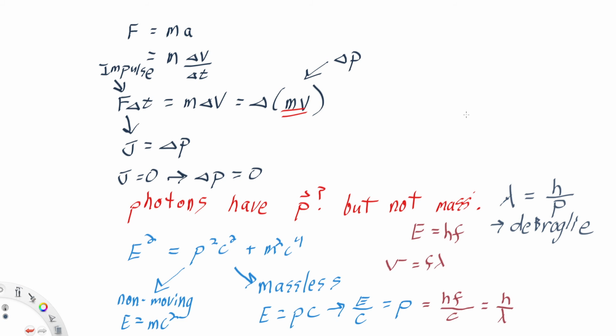Just like we started off looking for how we could define the momentum of a photon, and we found it, but what we ended up with was a way that we could define the wavelength of a particle.